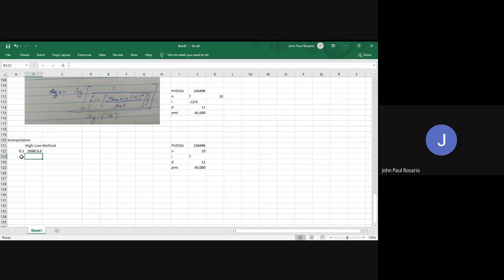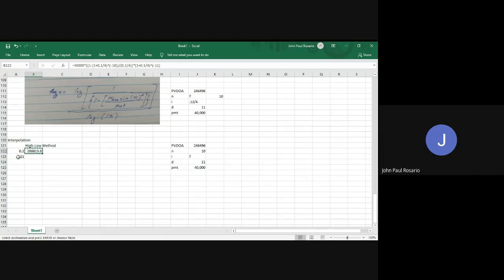Do we have to increase our interest rate or decrease it? Decrease it. Okay. Our goal is to decrease the present value. And again, with present value, the higher the interest rate, the lower the present value. So since we need to go lower, we need to increase our interest rate.